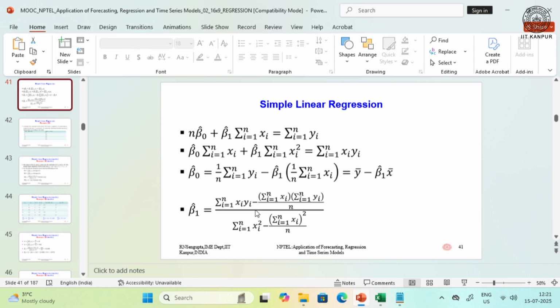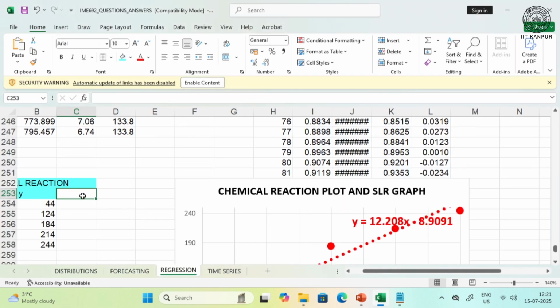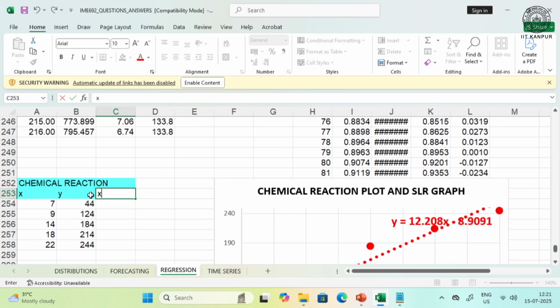I need to find out xi into yi, summed up. Then I need to find out the square of xi, summed up. I will go one by one. Here I will write x square. So, x square is the value.